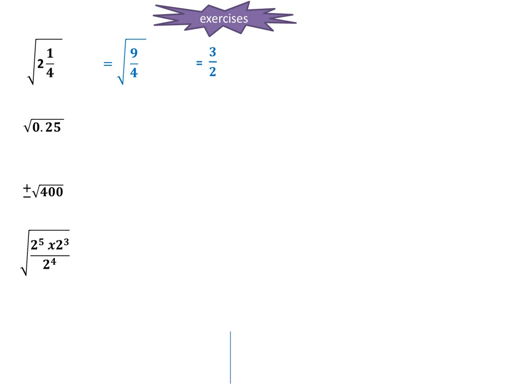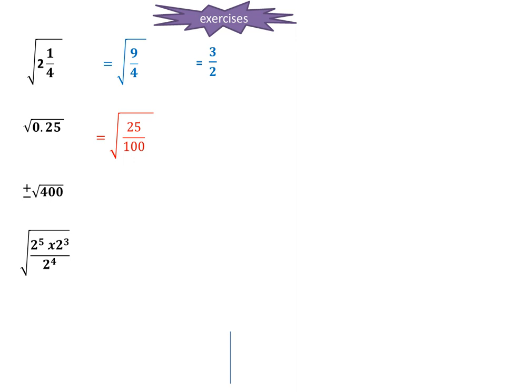Another example, if we have the square root of 0.25, make it as a over b, the square root of 25 over 100. Why do we put 100?